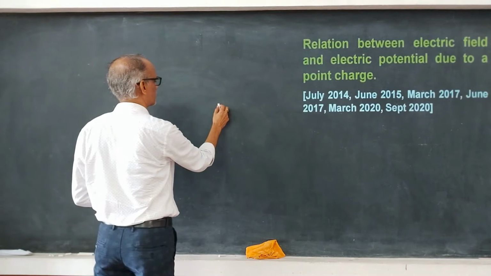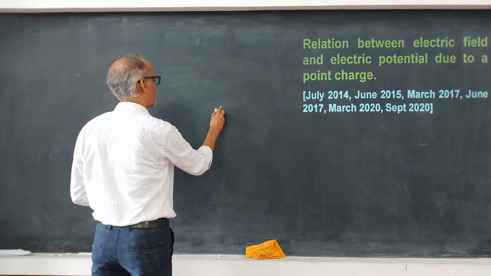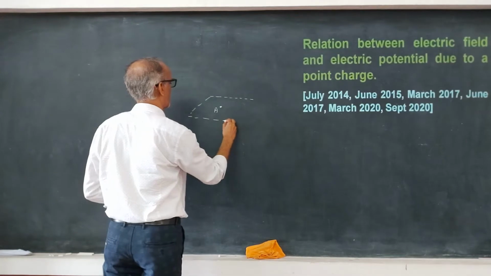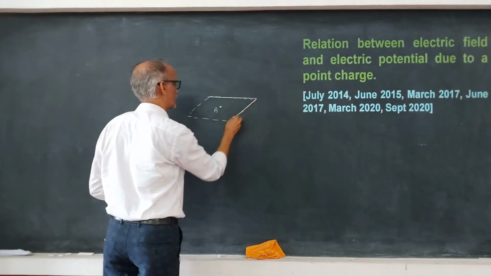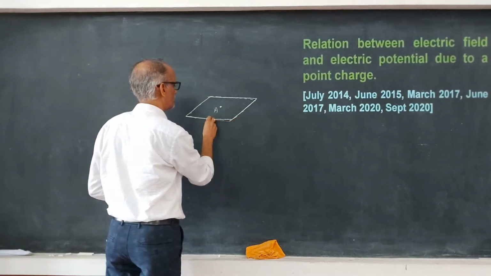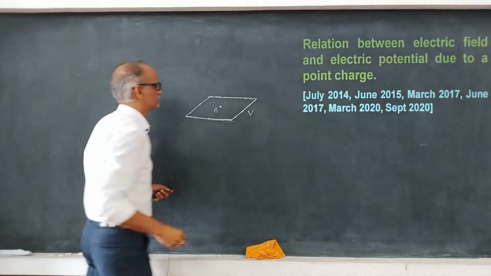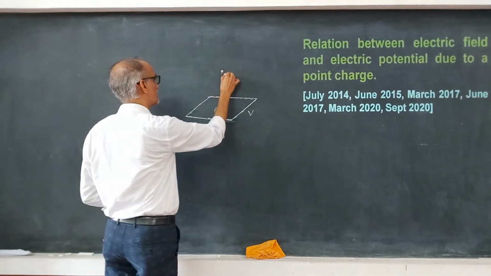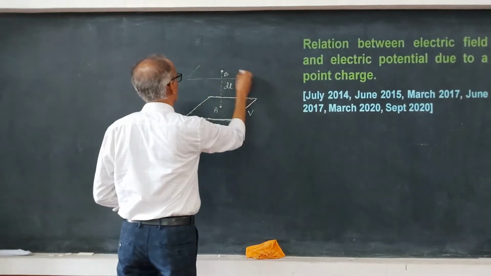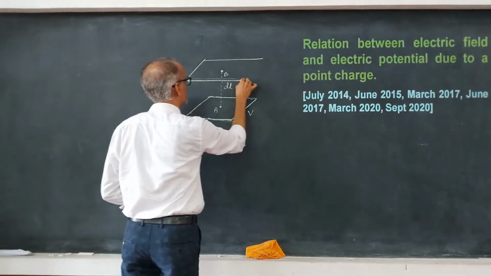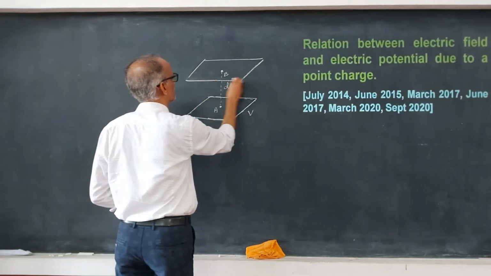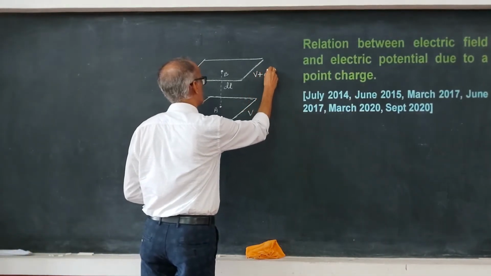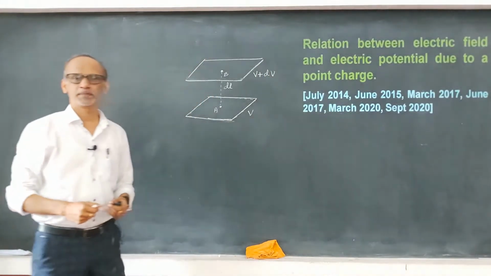To understand that, let us consider 2 points. Point A, and this is the surface containing the point A, having potential V. At a small distance dl, there is another point B, and this is the surface containing point B. This surface is at a potential V plus dV.